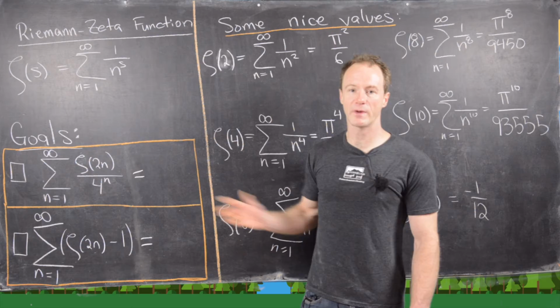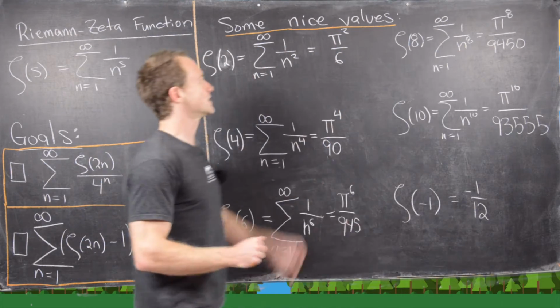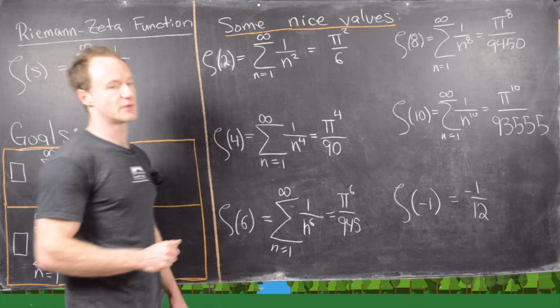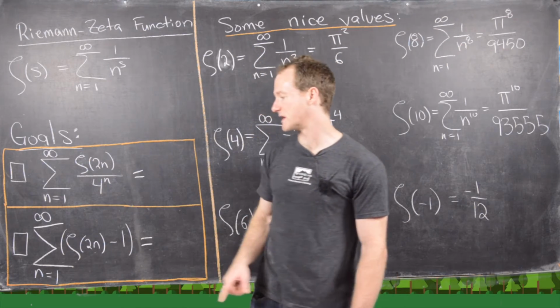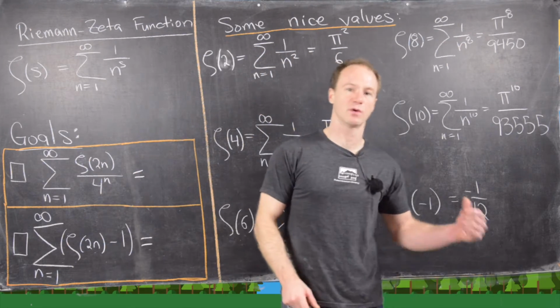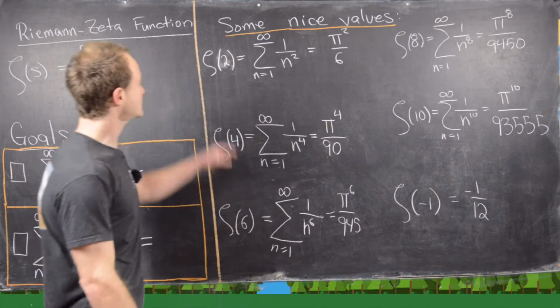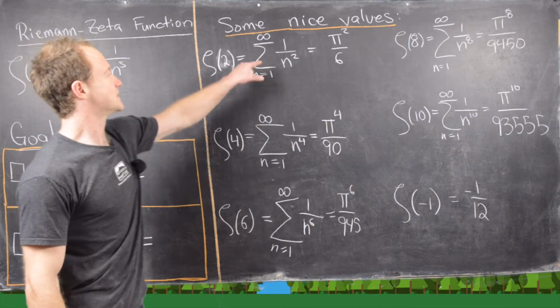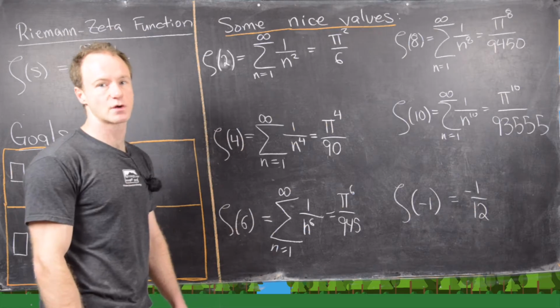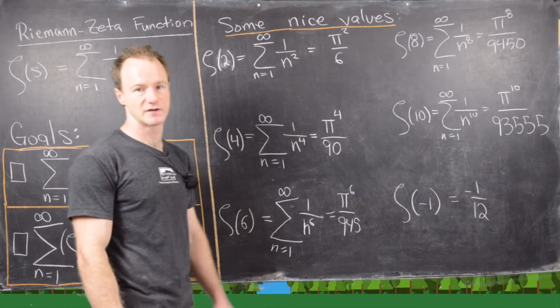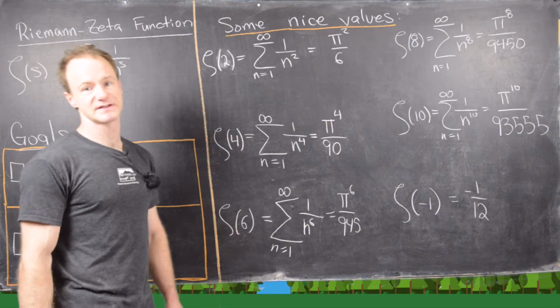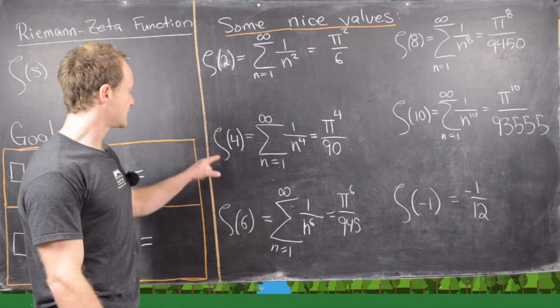Before we get working on these goals, let's look at some nice special values of the Riemann-Zeta function. Since we're worried about the even values for our goals, that's what we'll look at. Zeta of 2, the sum of the reciprocals of the squares, equals pi squared over 6. There are a bunch of ways to prove this; it's the famous problem that Euler solved.